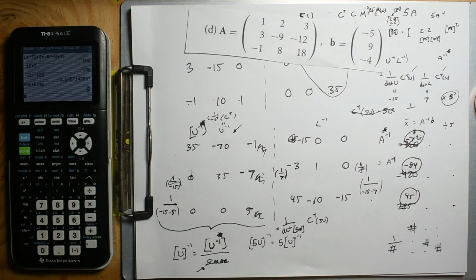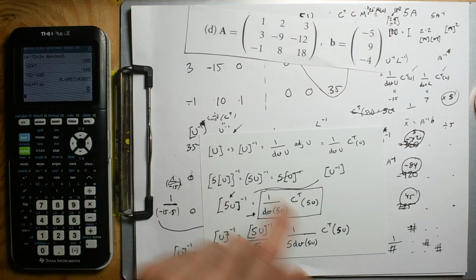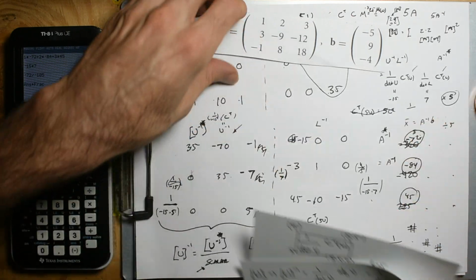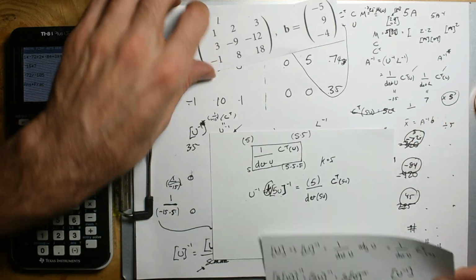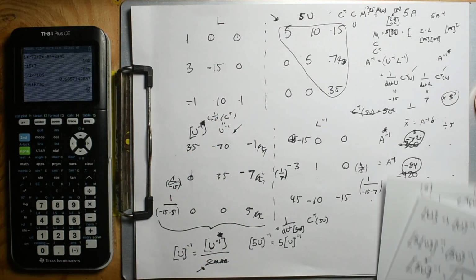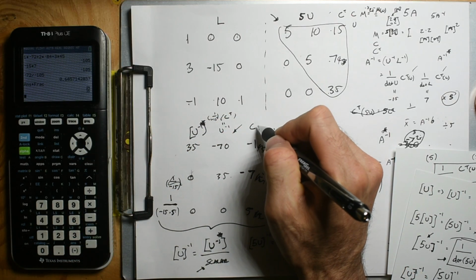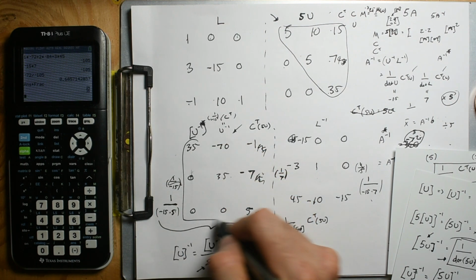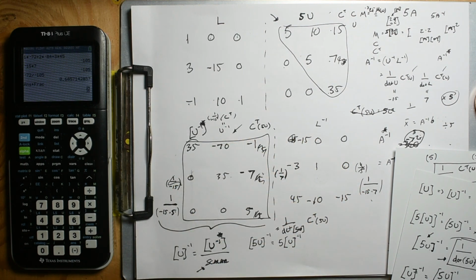And now we can go back to maybe what I was trying to do. And so, yeah, because this is the inverse transposed of 5u. Like, we actually solved for that. So we definitely have that.